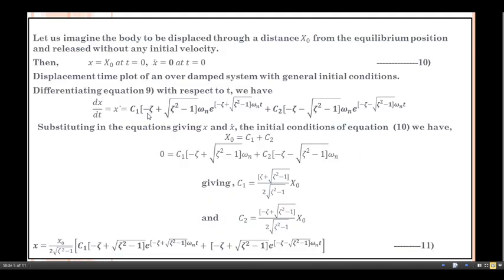In this way, c1 into bracket minus zeta plus square root of zeta square minus 1, omega n, with e raised to this term remaining as it is, plus a similar case with the next one, plus c2 into this term.